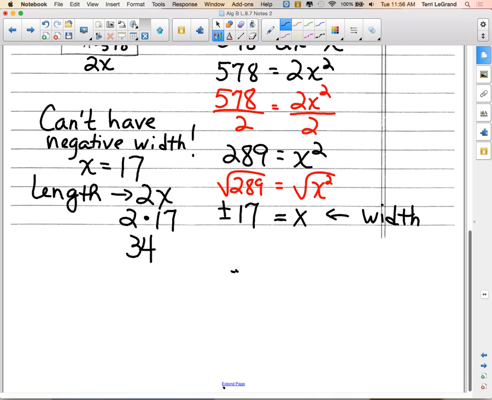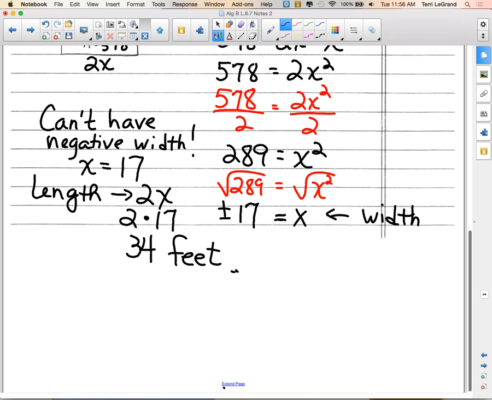No. Just feet. How do you measure a length in square feet? How do you measure a length in cubic feet? The length is feet, the width is feet, 34-foot length, 17-foot width.